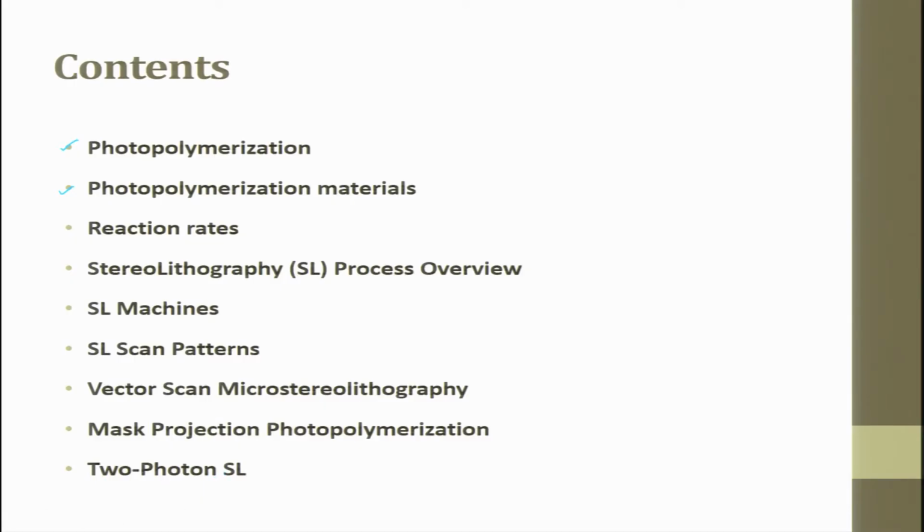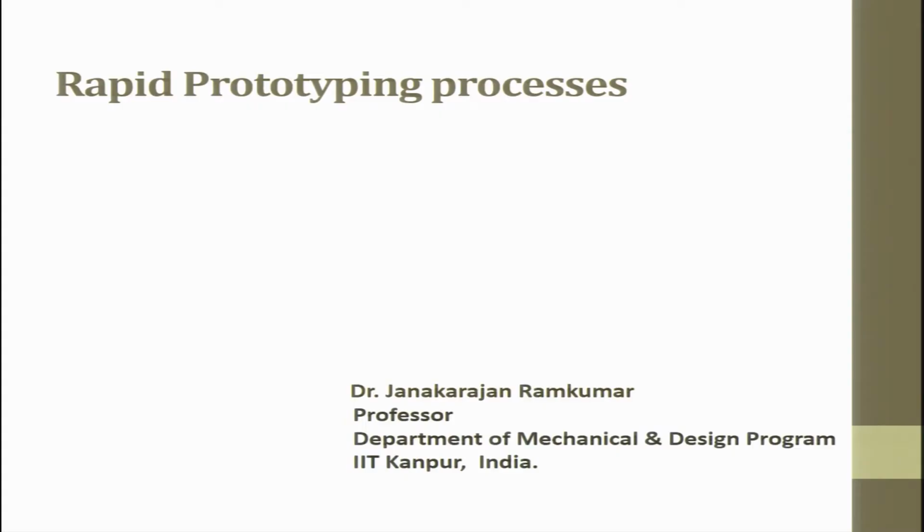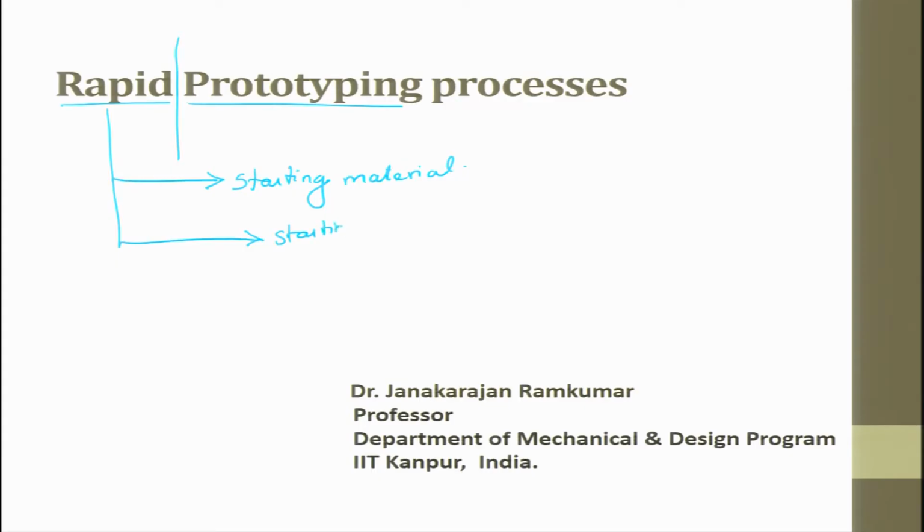When we talk about rapid prototyping, it is very clear that you are supposed to rapidly make prototypes. When you are supposed to rapidly make prototypes, it primarily depends upon what your starting material is. And the next thing is what your starting form of material is.